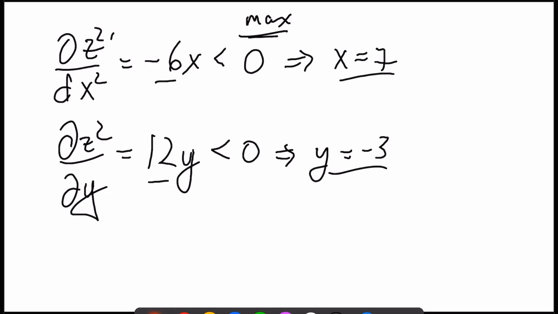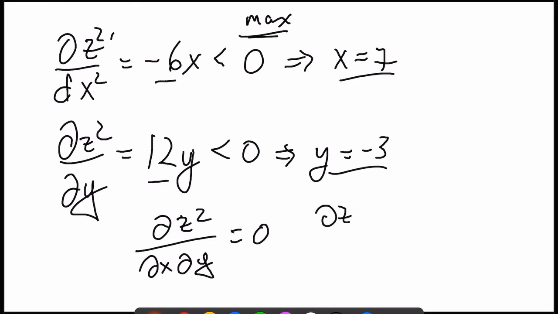And then we need to find the cross partials, right? And the cross partials are both 0. Right? That's 0. And dy dx, that's 0.